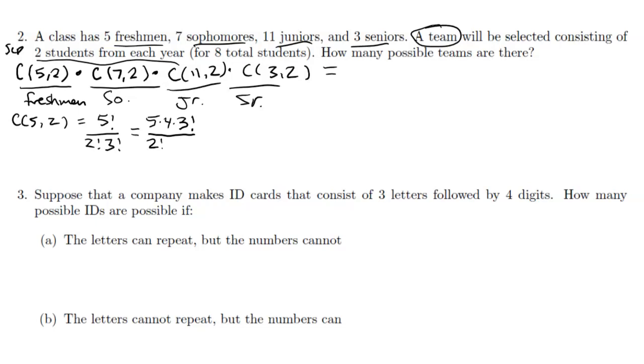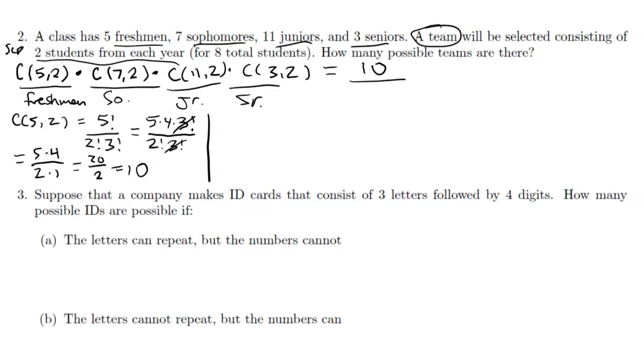And then we've got 2 factorial, 3 factorial. We'll cancel out those 3 factorials. So we're left with 5 times 4 divided by 2 factorial, which is 2 times 1. 5 times 4 is 20. 2 times 1 is 2. So in total, we've got 10 there. So over here, in that freshman blank, 5 choose 2 we found was 10.